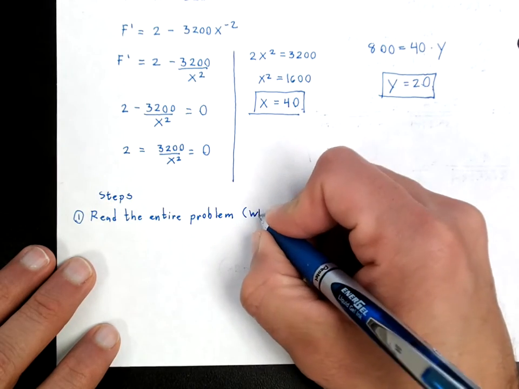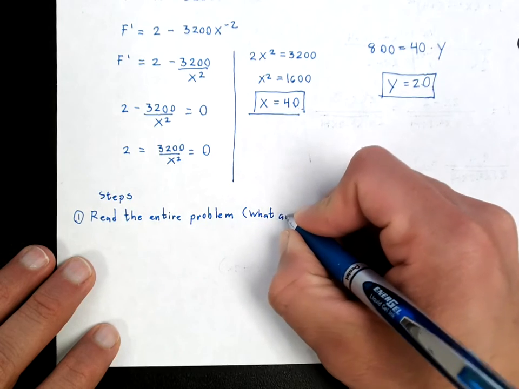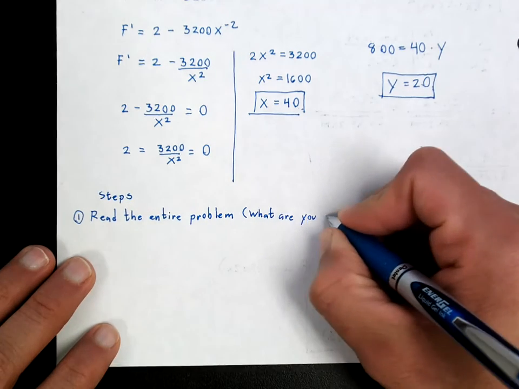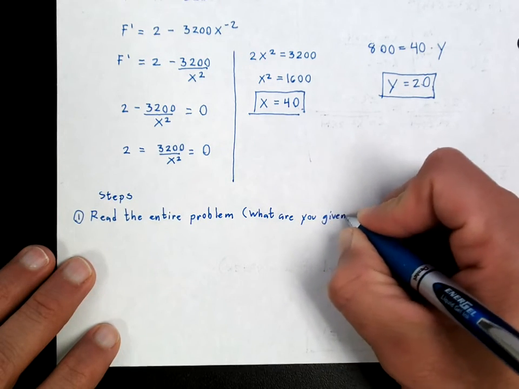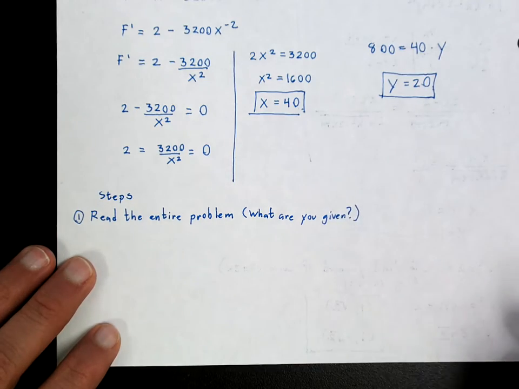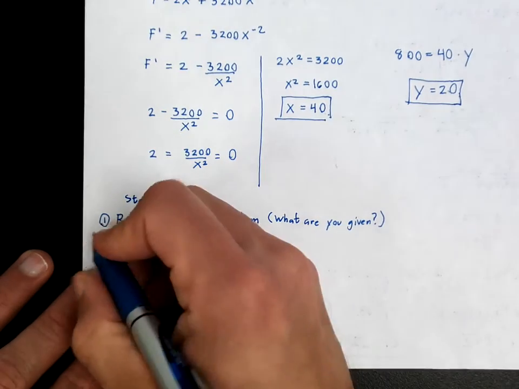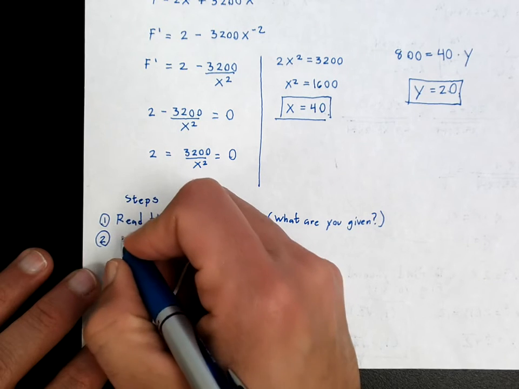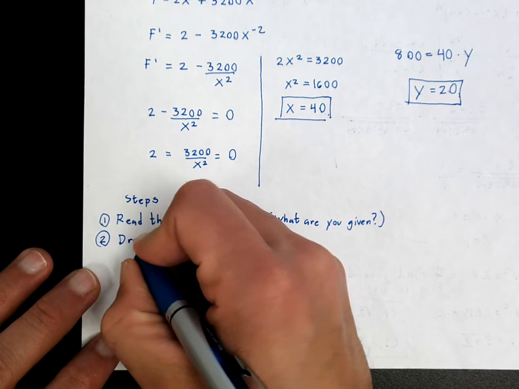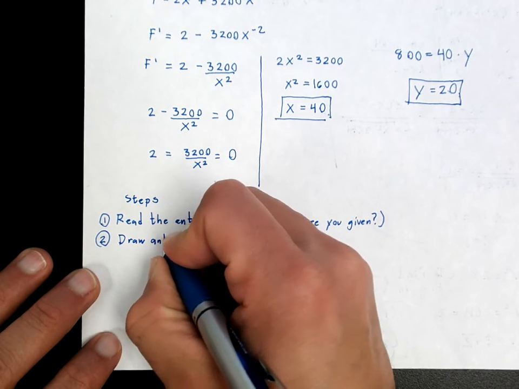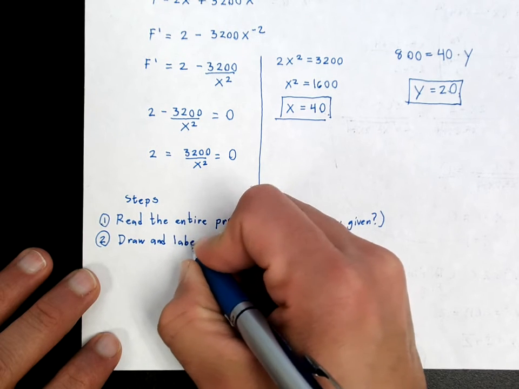Mainly, what are you given? Step 2 would be to draw and label a picture, and normally this makes your problem a whole lot easier.